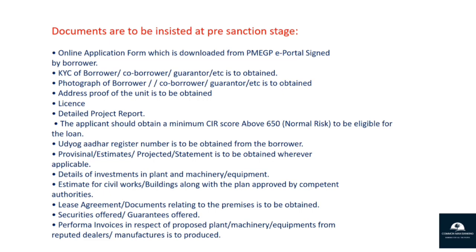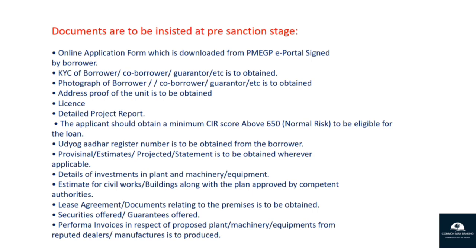And a detailed project report has to be obtained from either an auditor, chartered accountant, or any other experienced or eminent person well versed in project preparation. The applicant should have a minimum CRC score.